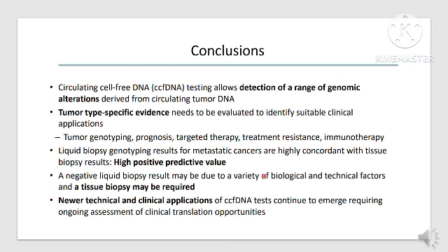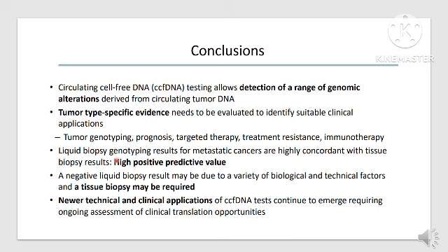So to conclude, circulating cell-free DNA testing allows detection of a range of genomic alterations derived from circulating tumor DNA. Tumor type specific evidence needs to be evaluated to identify suitable clinical applications like genotyping, prognostication, targeted therapy, treatment resistance, immunotherapy, etc. Liquid biopsy genotyping results for metastatic cancers are highly concordant with the tissue biopsy results.